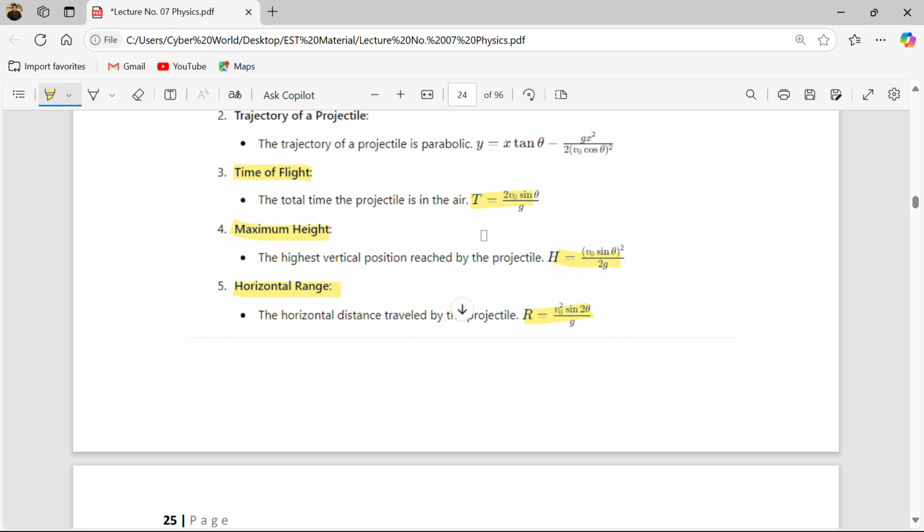Time of flight is t equals 2 v naught sine theta divided by g. Maximum height is v naught square sine square theta divided by 2g. And the horizontal range is v naught square sine of 2 theta divided by g.